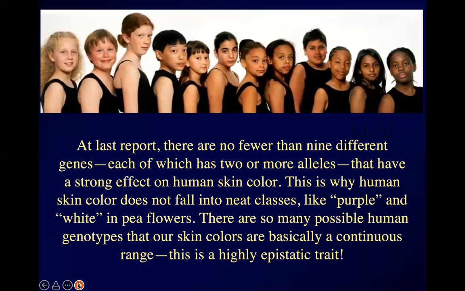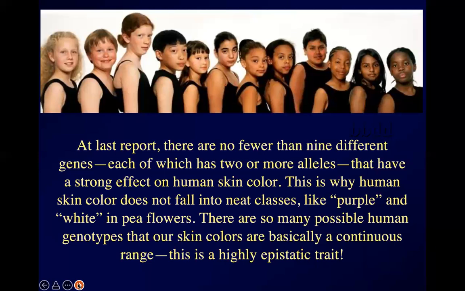So we can't really use Punnett squares to track inheritance like that. And that makes human skin tone a continuum. We don't fit into nice, neat classes the way that pea flowers can be classified as purple or white.